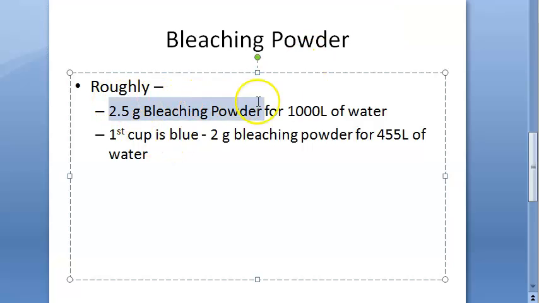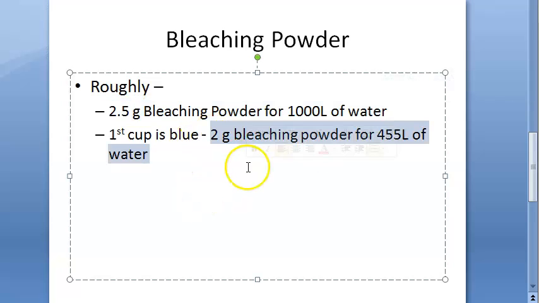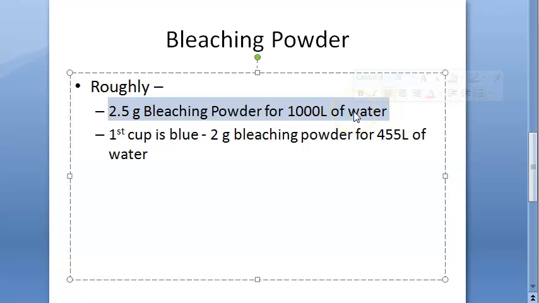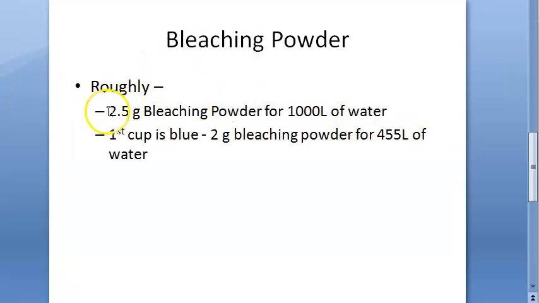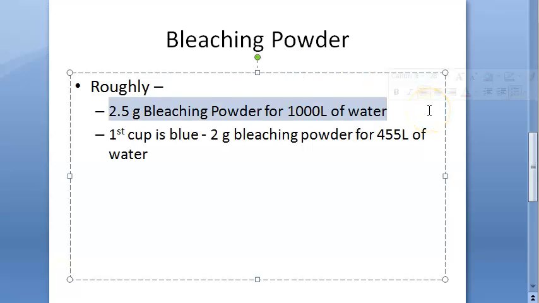Here they are saying 2.5 gram for 1000 liter of water, which is very much less compared to this. If the first cup is blue, actually for 1000 liter of water you will put around 4 gram. But here they are saying 2.5 gram is enough. Interesting. So if Horrock's apparatus is not there, you can use 2.5 gram of bleaching powder for 1000 liter of water.